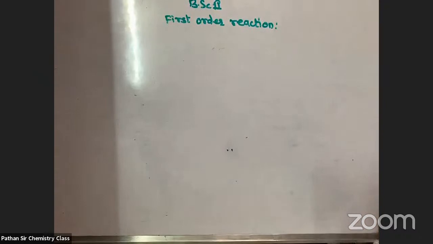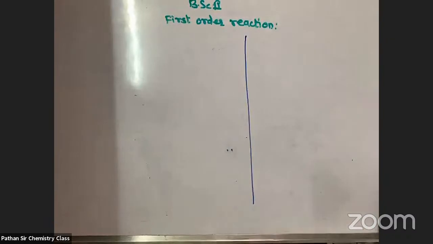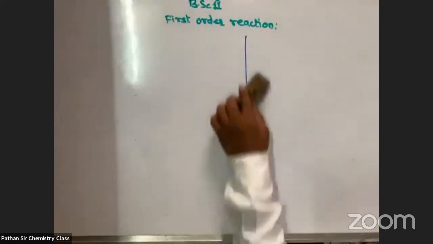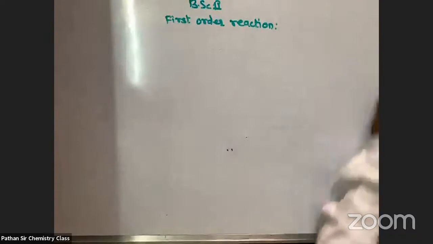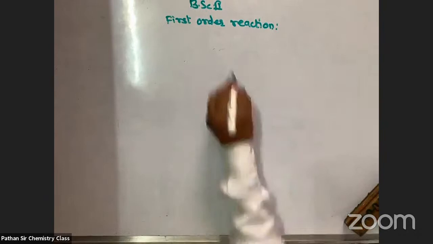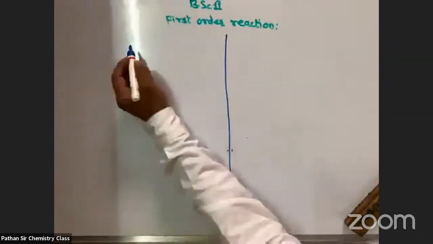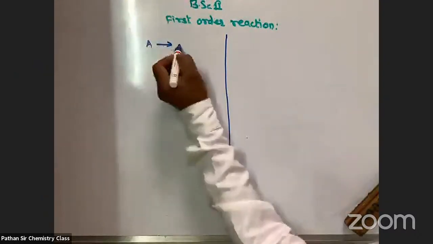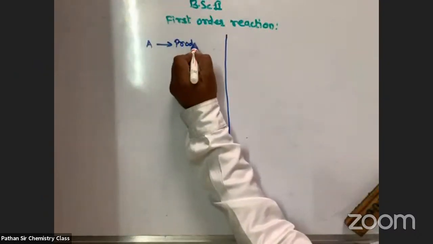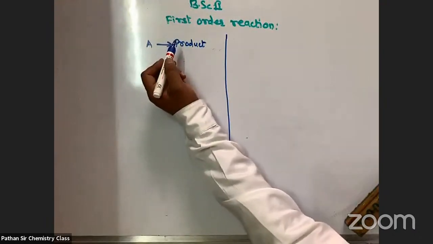Last time, as we discussed the expression for the zero order reaction, in the same manner we'll derive the integrated rate expression for the first order reaction. So let us consider a reaction: A gives product. The usual method is the same process, everything will be the same.